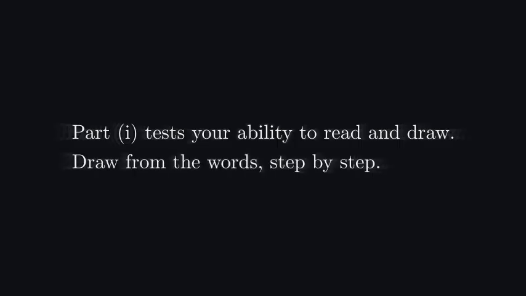Part I. Test your ability to read and draw. Draw from the words step by step. The question says X and Y are on the same horizontal ground, and they are 7 meters apart.